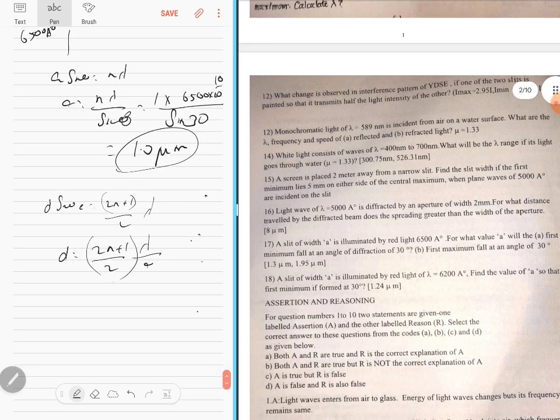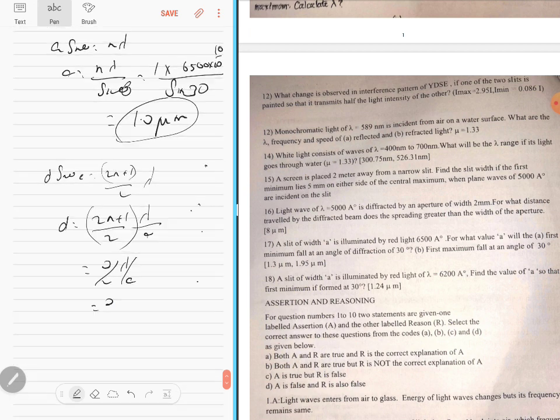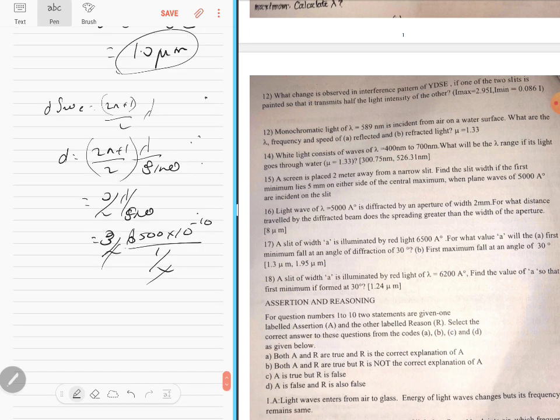For the first maxima, n is equal to 1, it will become 3 by 2 into lambda by sin theta. Sin theta is sin 30, so 3 by 2 into lambda, where lambda is 6500 into 10 to the power minus 10 by 1 by 2, where the 2 gets cancelled. 6 5s are 30... 3 into 6500 is 19500 into 10 to the power minus 10.